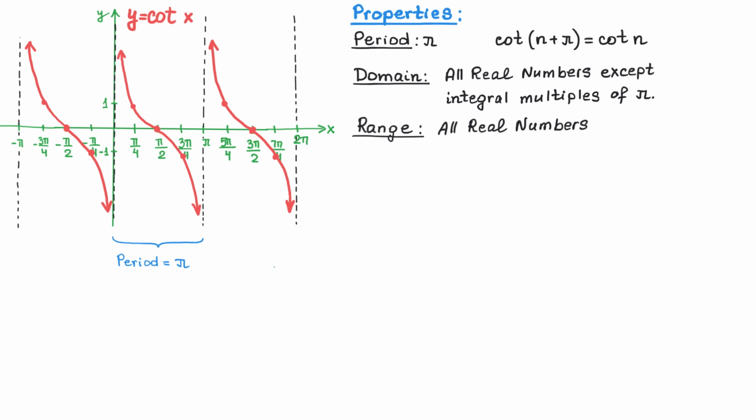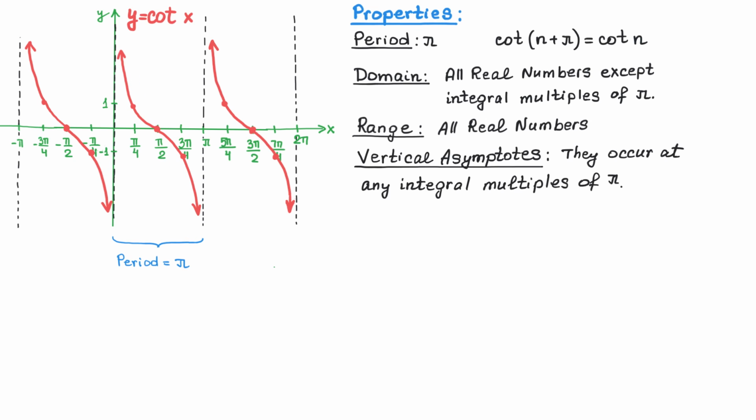This means that the function stretches up and down indefinitely. The vertical asymptotes occur at any integral multiples of pi, and these are the numbers where the function is not defined. The cotangent function has an infinite amount of vertical asymptotes, however, it does not have any horizontal asymptotes.